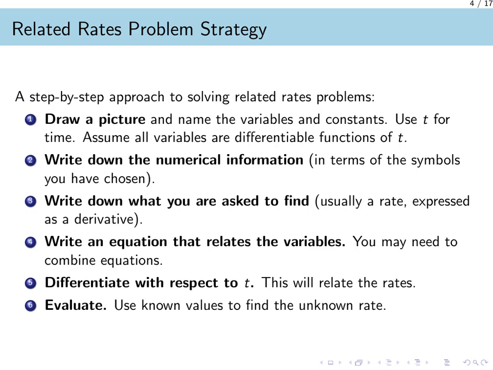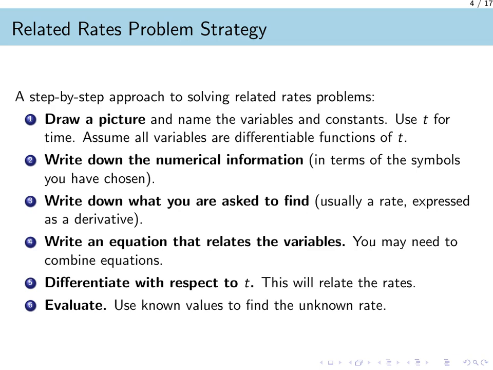First, we set up the problem by drawing a picture, labeling all quantities that change over time as variables, and writing down all the given numerical information, such as a known rate. Next, we find the core relationship by writing an equation, often from geometry, that connects our variables. For example, this might be the Pythagorean theorem or the volume formula for a sphere.